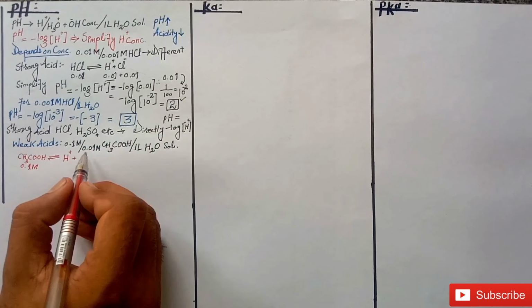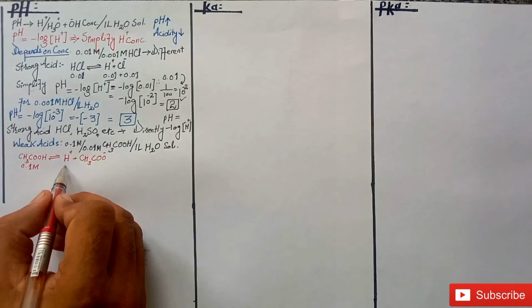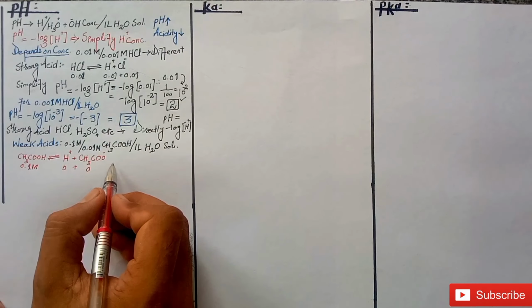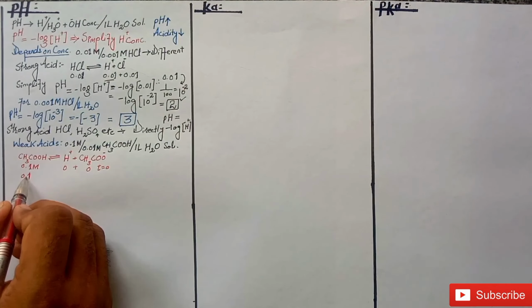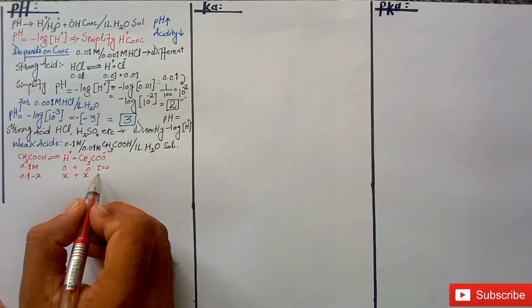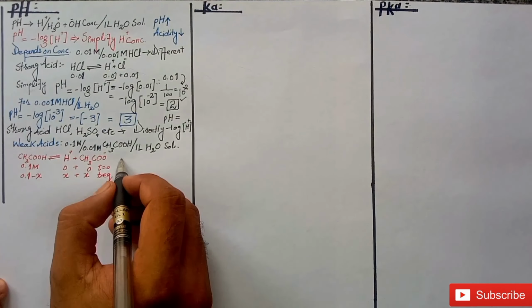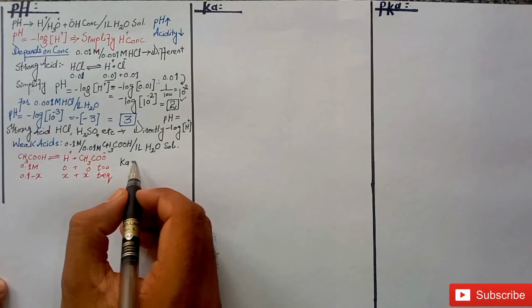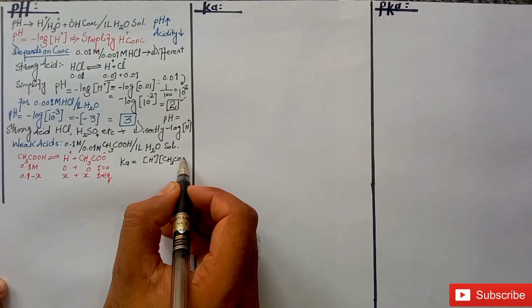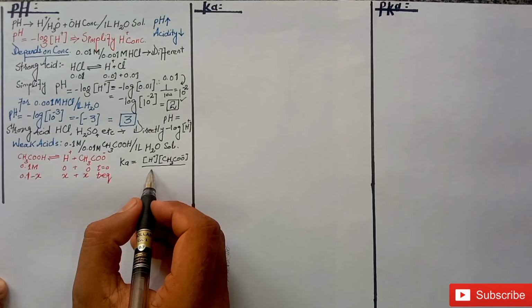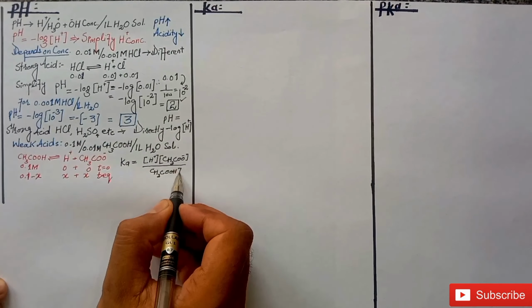For example, when we dissolve 0.1 molar acetic acid, at the initial time there is only 0.1 molar acetic acid. And at equilibrium, X mole of acetic acid dissociates and forms X mole of hydrogen ions and X mole of acetate ions. And as we know, K is the ratio of concentrations and this is specific or constant.